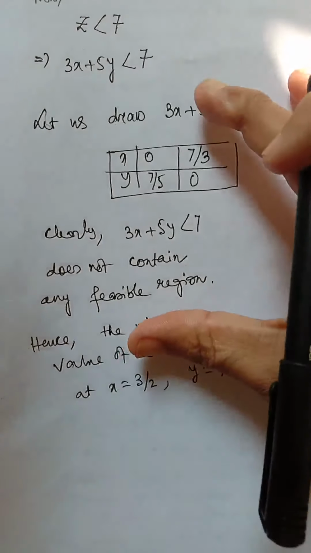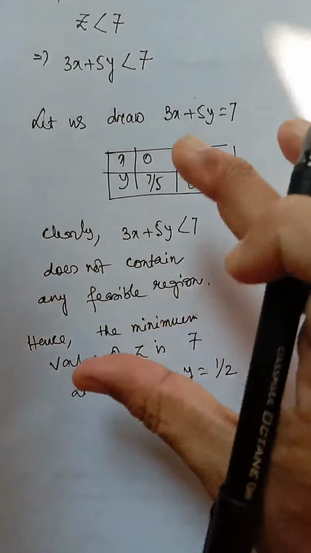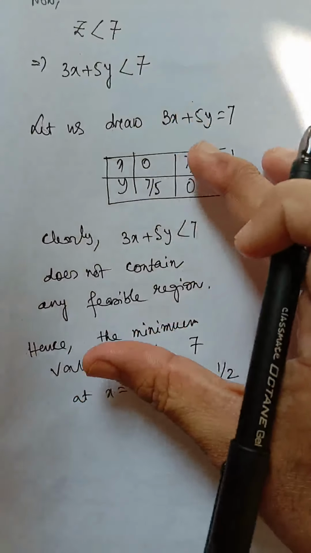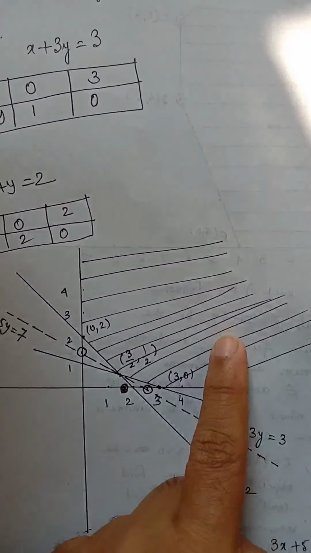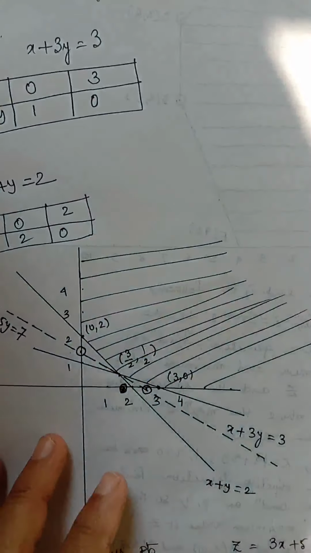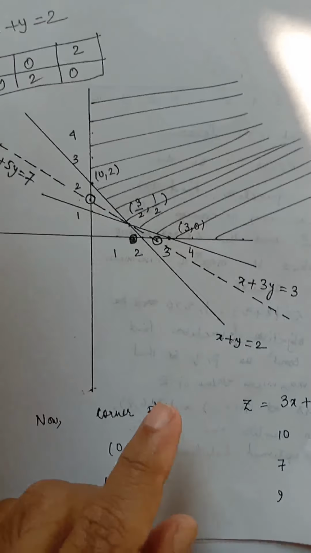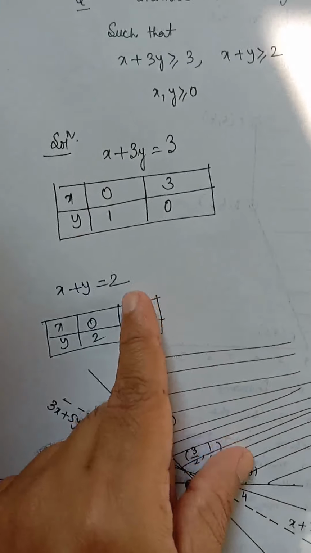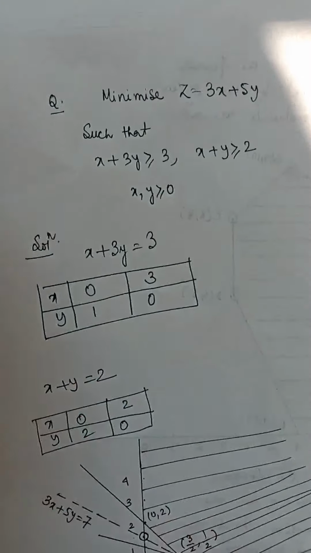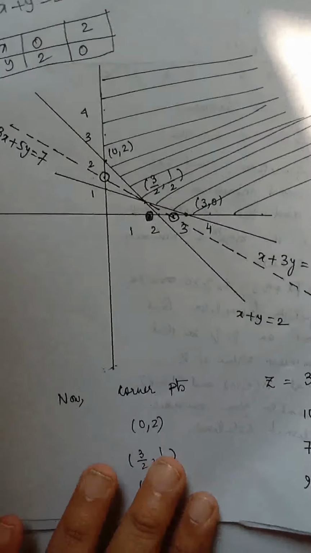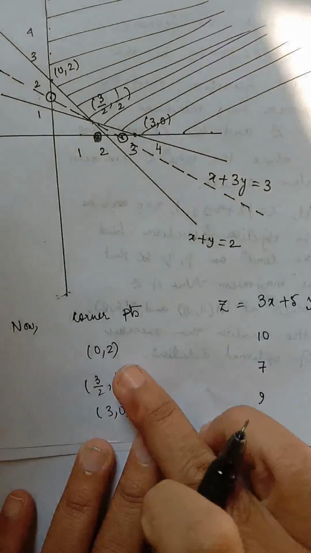Now this part you have to do for an unbounded feasible region. Here you can see the region is unbounded, there is no bound in this part. So here we have to find the minimum value of z. Here we got the minimum value of z as 7.